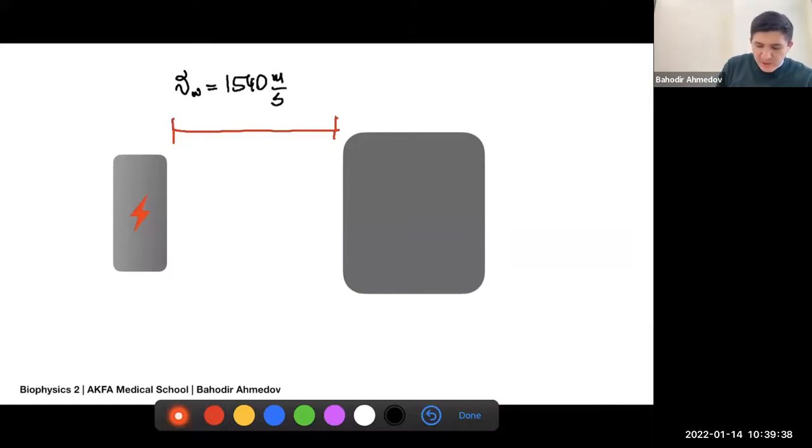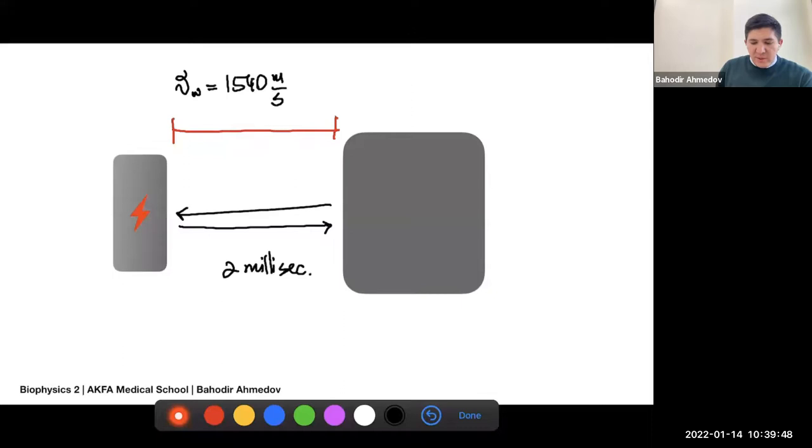Whatever, 2 milliseconds: the signal goes to the object and comes back from the object. It took 2 milliseconds. Could you please tell me the distance between the transducer and the object? You remember how we calculate the distance? The distance is always equal to the velocity times the time.